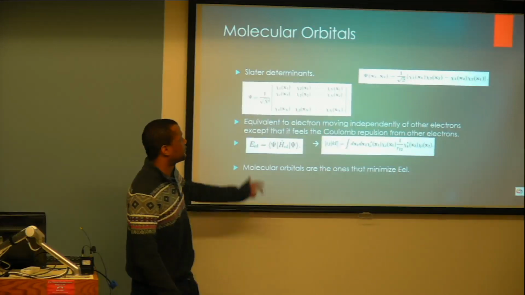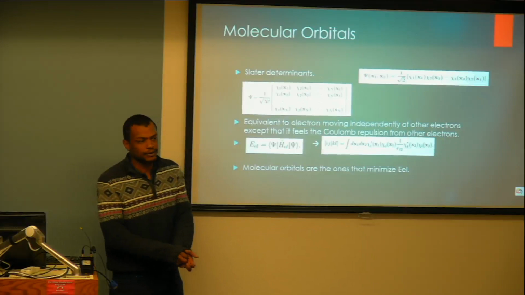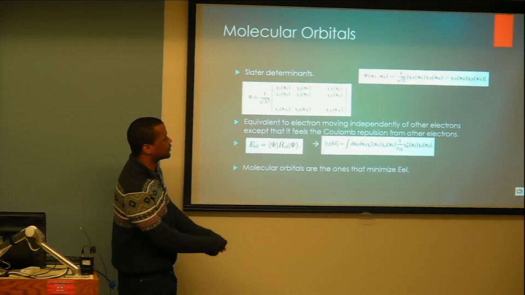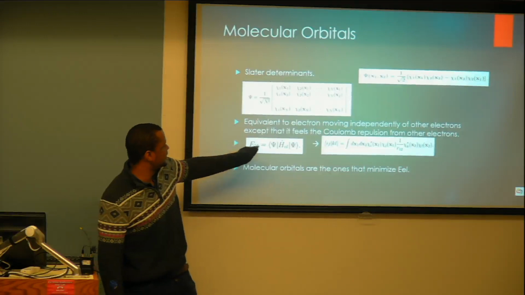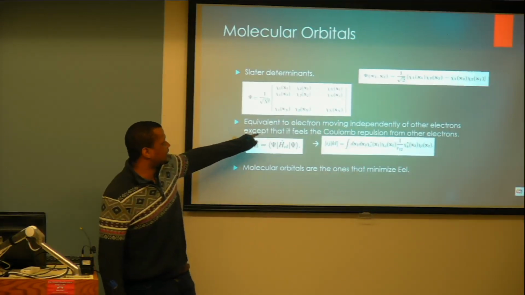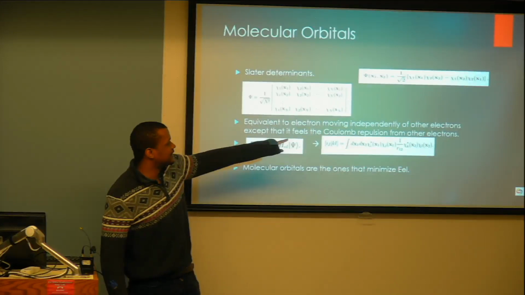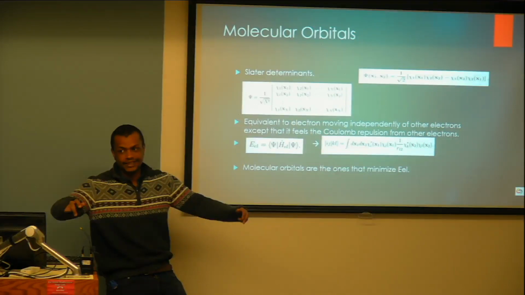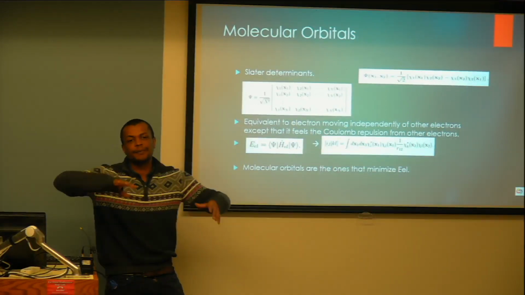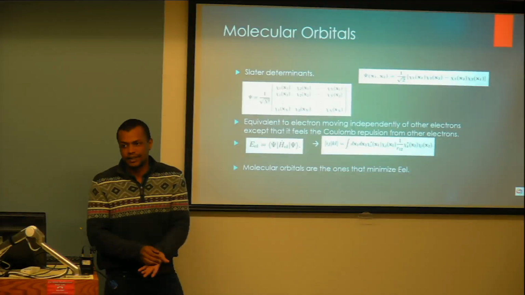In the case of many electrons, this is how the Slater determinant looks. This also confirms the Hartree-Fock theory that the electron moves independently of other electrons, except for the repulsion from the average of all the other electrons surrounding it.